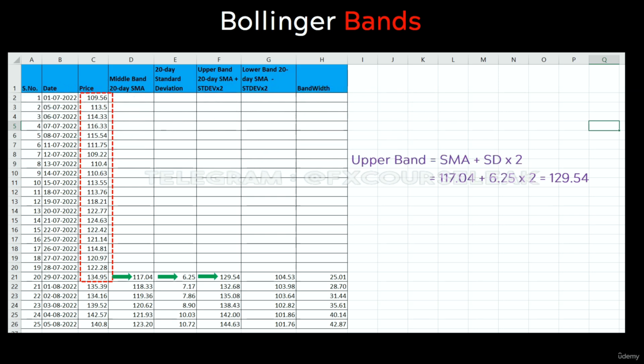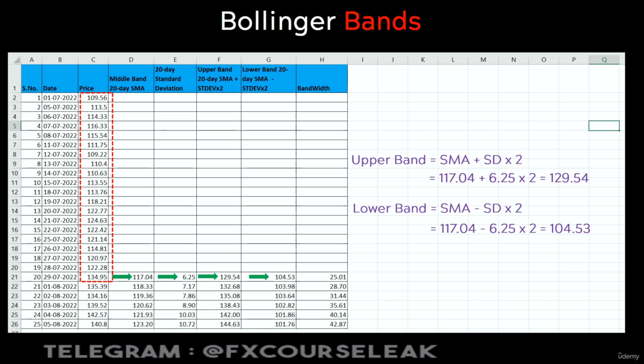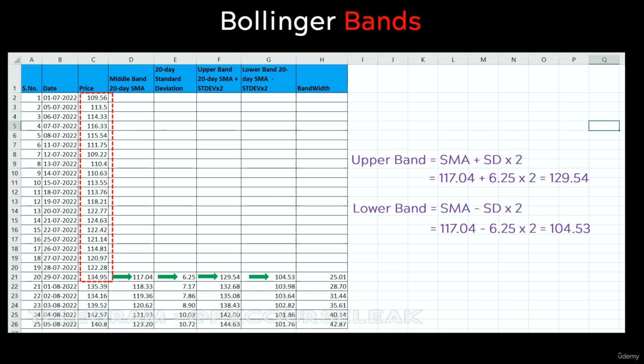Similarly, lower band point will be simply SMA minus standard deviation multiplied by 2, which equals 117.04 minus 2 multiplied by 6.25 equals 104.53. So as you can see, we got our 3 points required for Bollinger Bands for 29 July. That is midpoint, which is 117.04, upper band is 129.54, lower band is at 104.53.